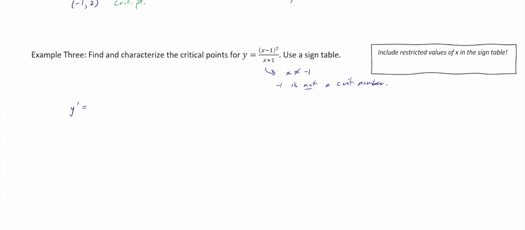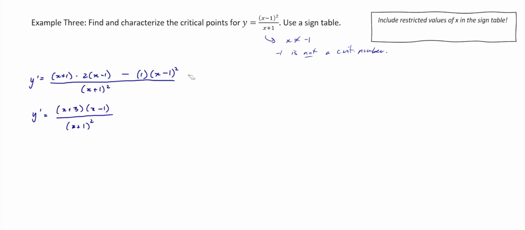All right, I'm going to find my first derivative for this. If I use the quotient rule, I can come up with the following. So there is my first derivative using the quotient rule. I note right here that x can't be equal to -1. It's not a critical number, so then my critical numbers are anything that makes the first derivative equal to 0.